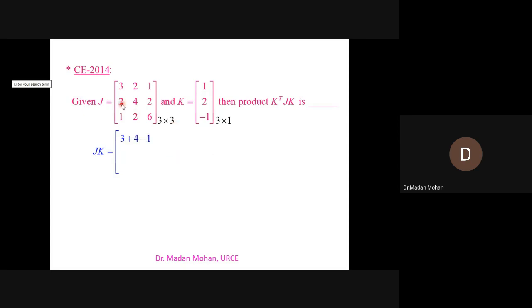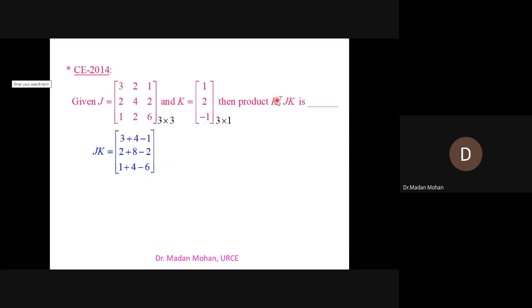Now tell me the second one. 2 4 2 with 1 2 minus 1. 2 plus 8 minus 2. Very good. Now tell me the third. 1 plus 4 minus 6. Right, very good. You have a single column, because it is 3 cross 1. This is JK.